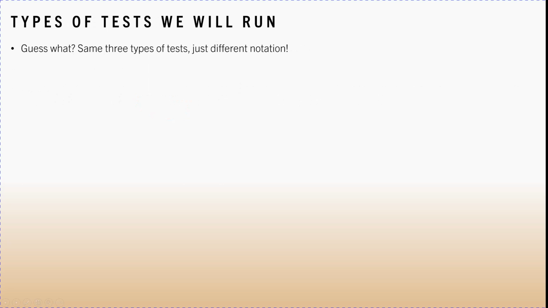Well, guess what? We're going to do the same 3 tests. There's just different notation. That's all. What we're going to do here is define the parameters. We're going to let P1 be equal to the population proportion represented by sample 1, whatever our first sample is.